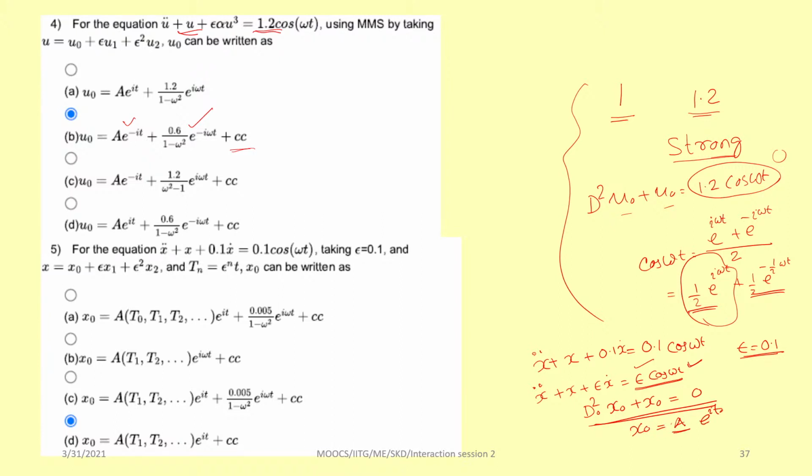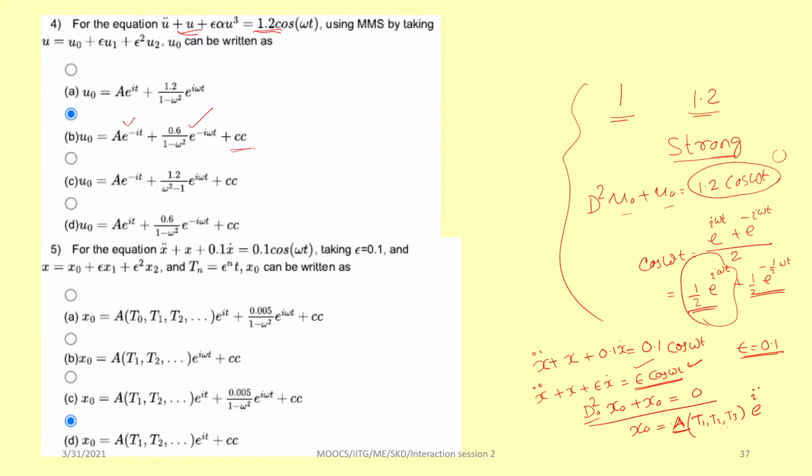Here you just see, a is a constant with respect to your T0. As it is D0, it is a constant with respect to T0. That's why it is written a is a function of T1. It can be T1, T2, T3, but it will not be a function of T0.